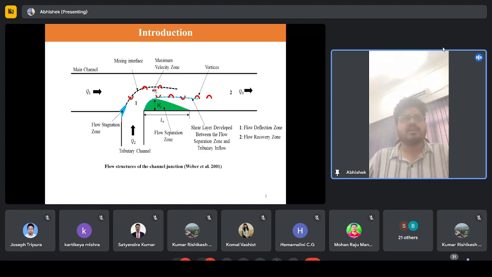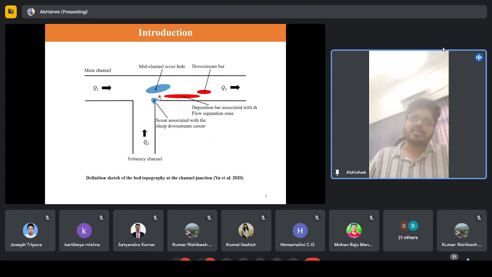Having said this, the characteristic flow features will have a feedback on the bed of the junction. So the junction bed also has very characteristic features. You can see here, when two flows interact, there is a formation of the scour hole here.